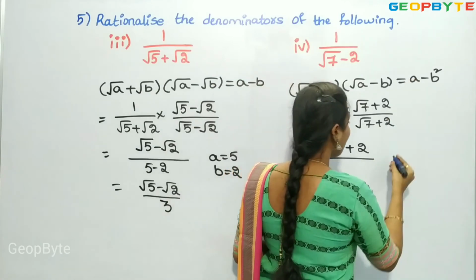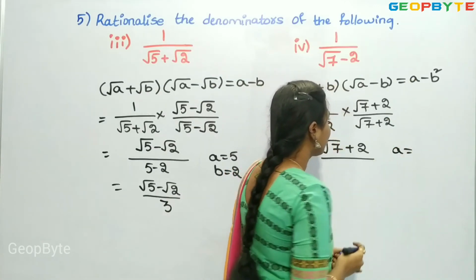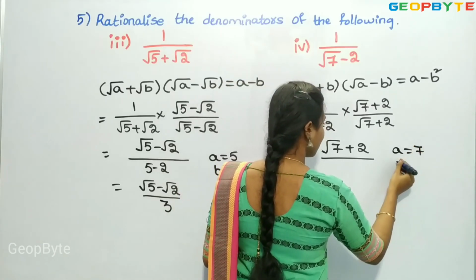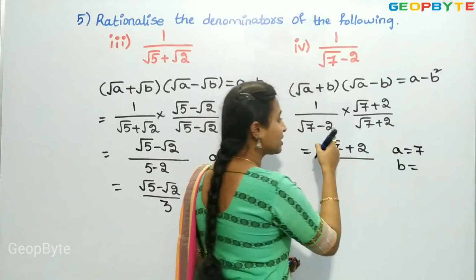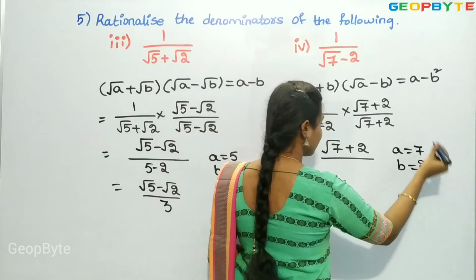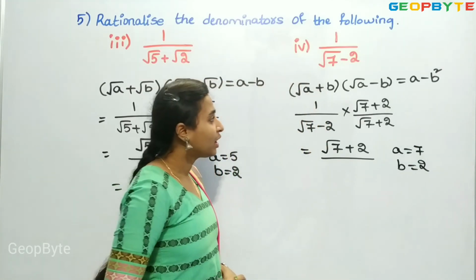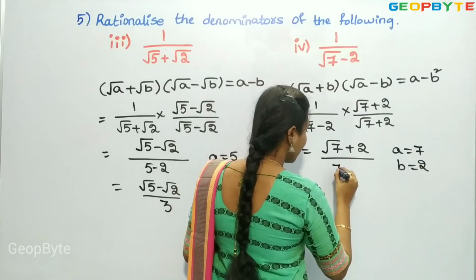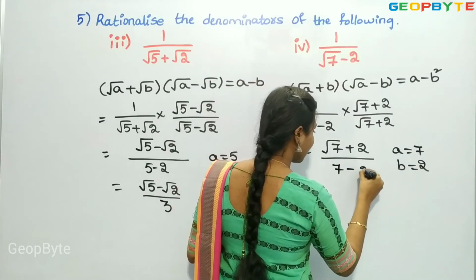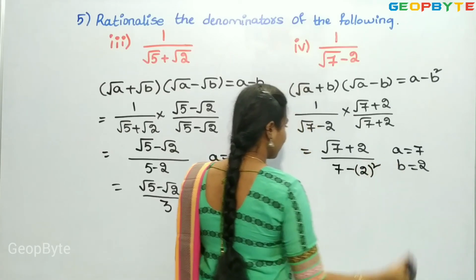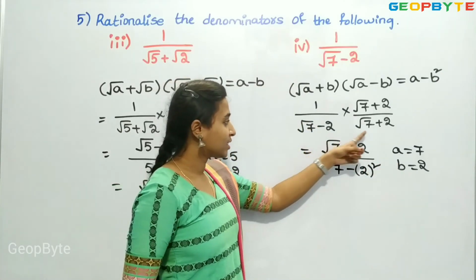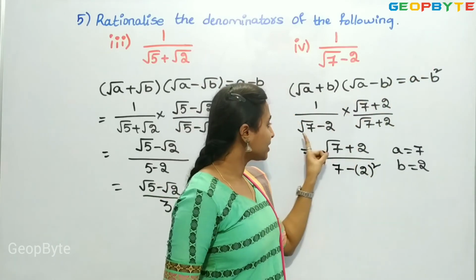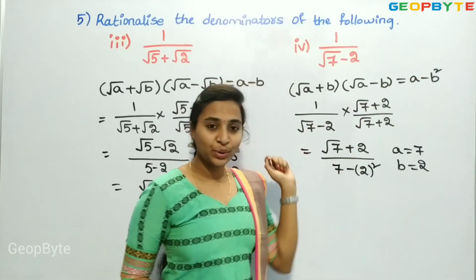Now we have the formula A minus B square. Here A is 7 and B is 2. So 7 minus B square is nothing but 2 square. This is in the form of this identity, so A minus B square. A is 7, B is 2.